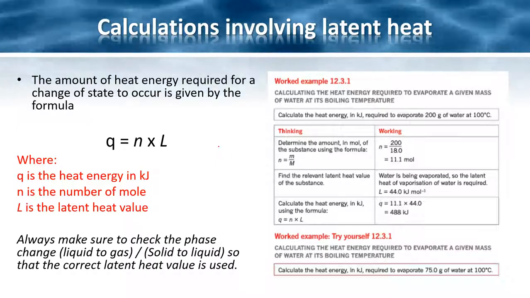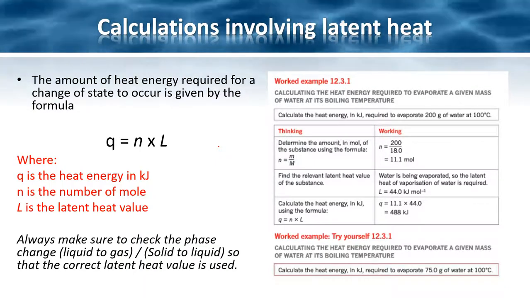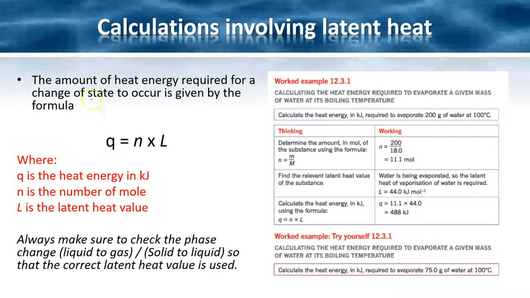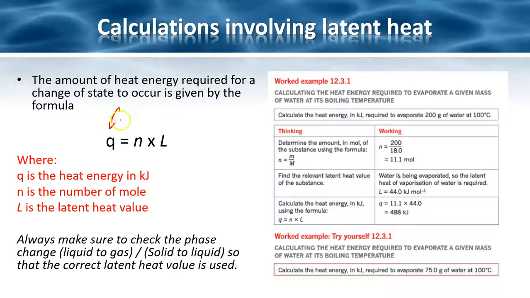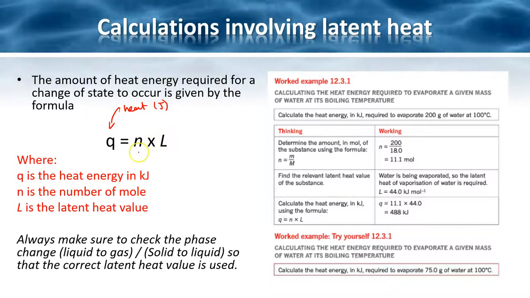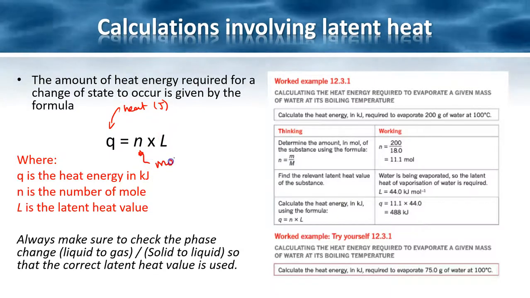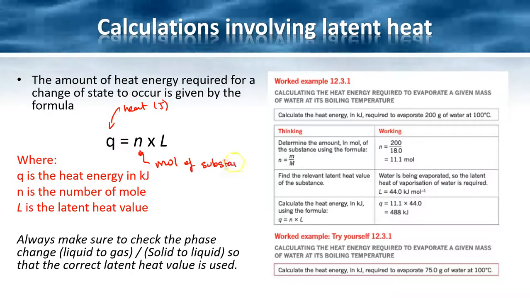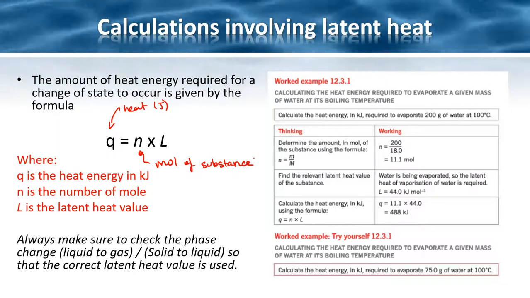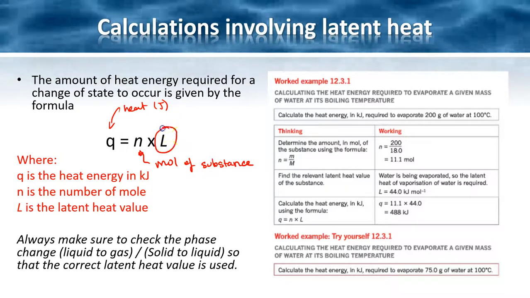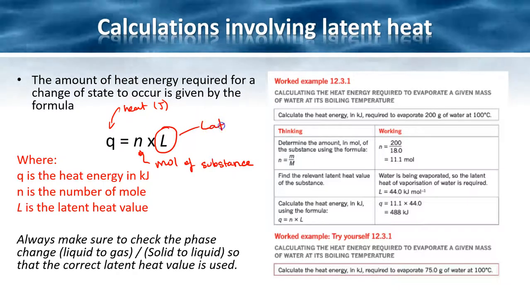Much like with specific heat capacity, we can incorporate this into a number of calculations, where Q, again, is our heat energy in joules. n is now the number of moles of substance, because we said it was going to be for a specific amount, and specific amount for chemists is always mole. And then L is what we use for latent heat.